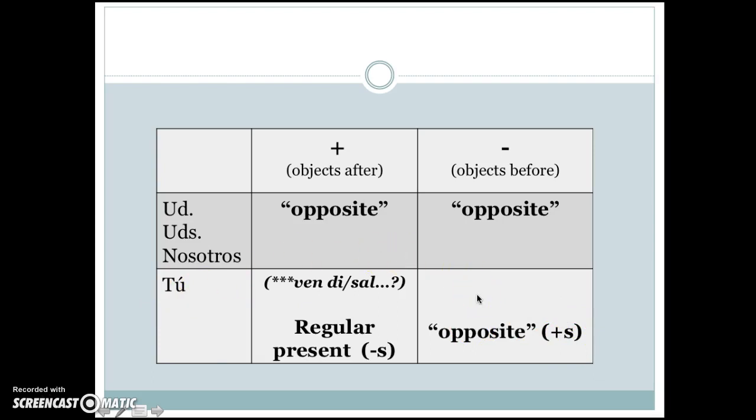So if our verb is hablar, the opposite ending of hablar, since it's an AR, is an E. Add the S. I'm going to say no hables. Okay? And if we have any pronouns, any objects, direct or indirect object pronouns, if it's affirmative, we tack them to the end. If it's negative, we put them before.